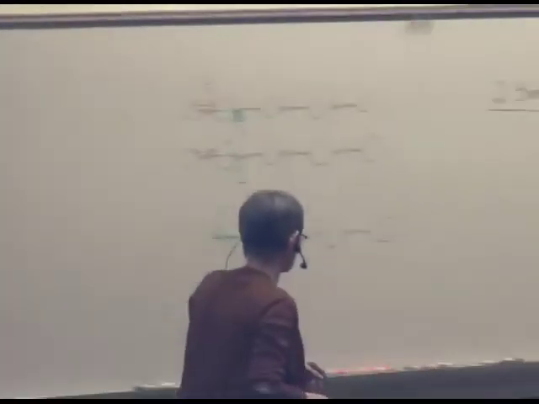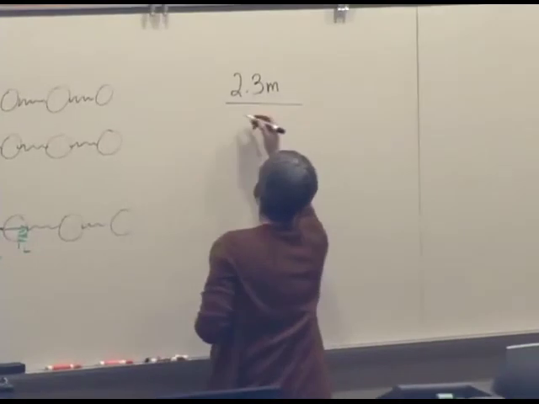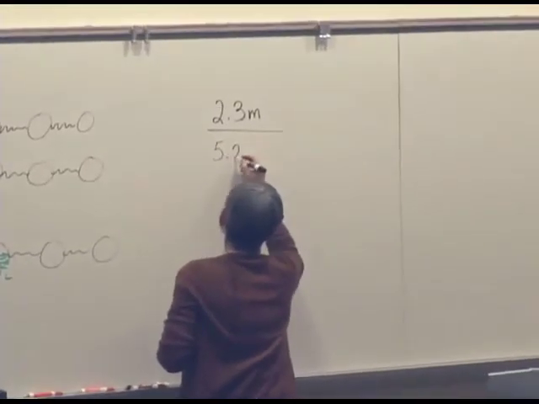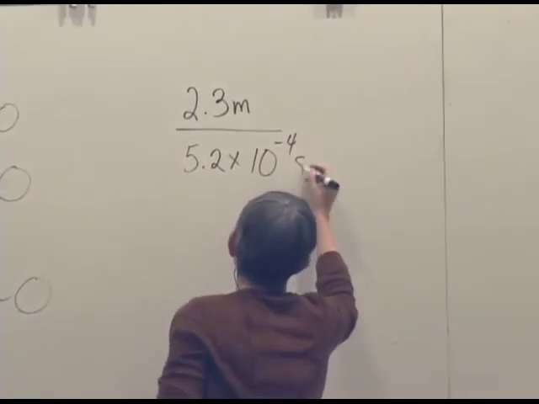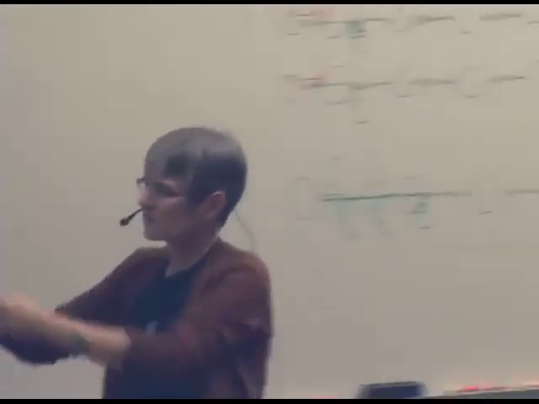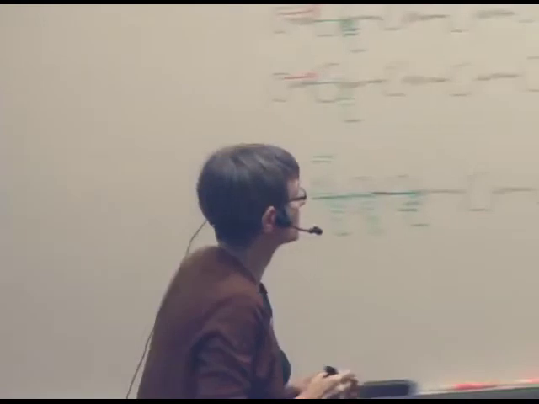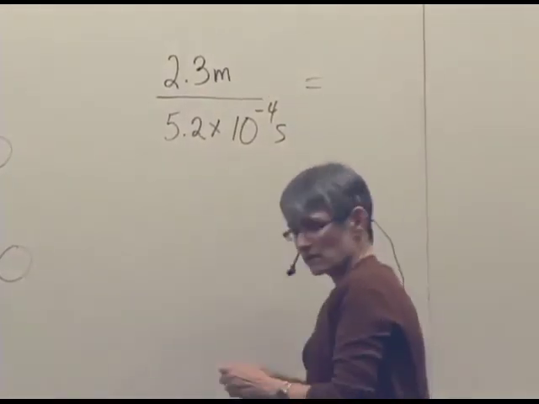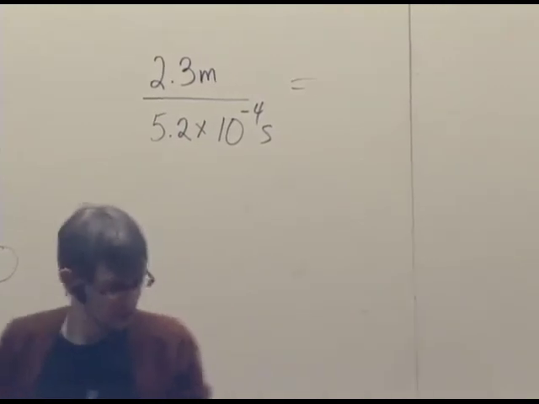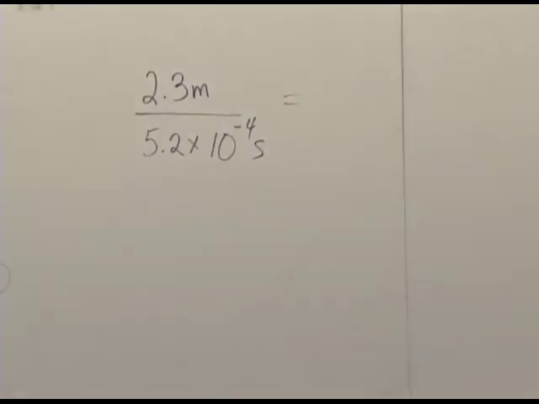So we're not being super precise here. We have 5.2 times 10 to the negative 4 seconds, because each square is a tenth of a millisecond. And if we work that out, that should give us the speed of sound in aluminum. So let's work it out.